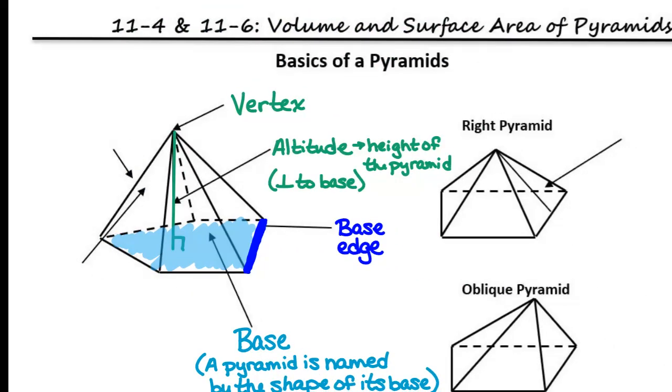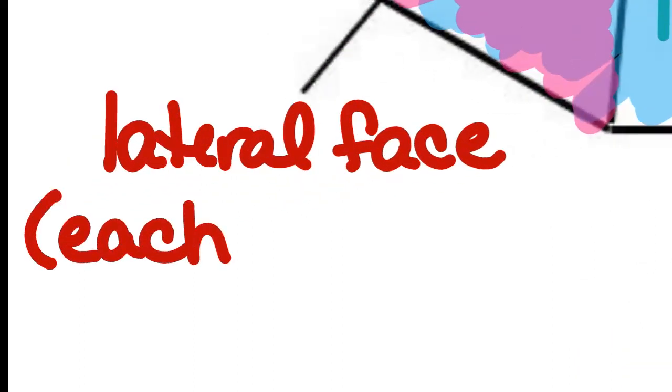All of the sides of a pyramid are triangles. We call these the lateral faces. So this guy right here would be a lateral face. And no matter what shape my base is, each lateral face is a triangle.